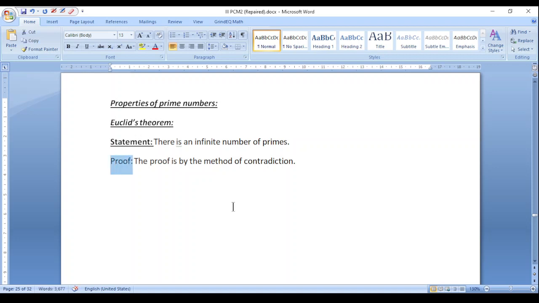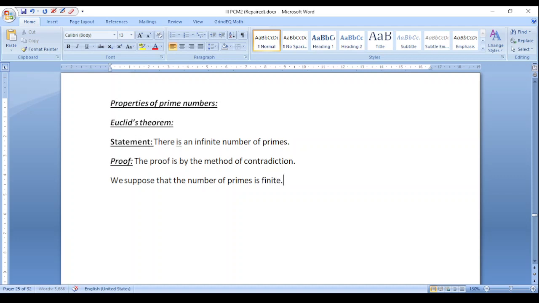In this method, what we do is we take the negation of what we are supposed to prove, and we will show that there is a contradiction at the end because we have taken the negation of the statement to be proved. So automatically we see that the statement holds good. That means for us to show that there is an infinite number of primes, we suppose that the number of primes is finite.